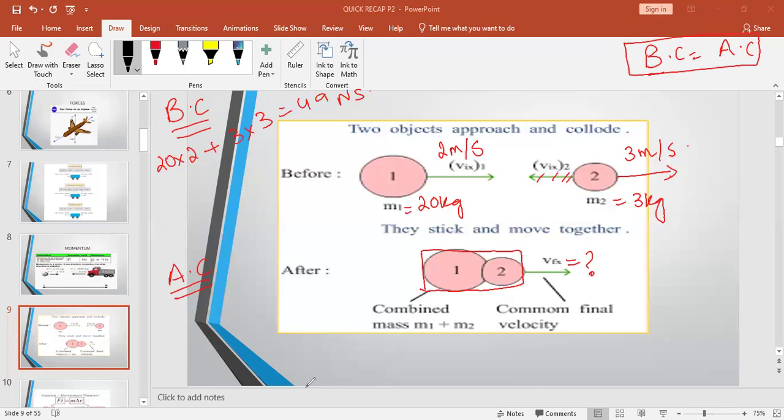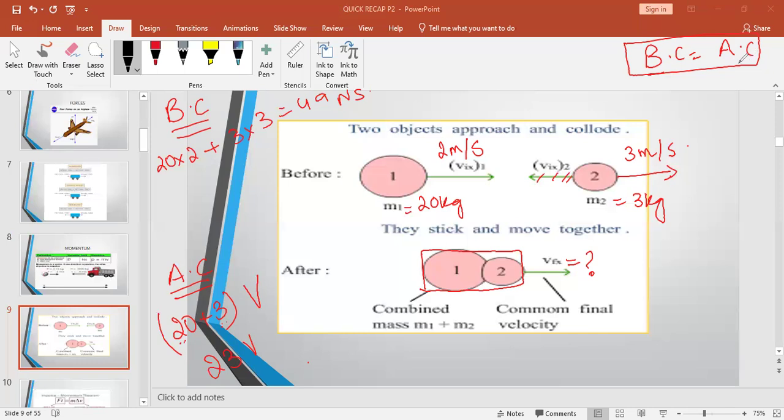You will combine the masses, that means 20 plus 3, and because they are moving with the same velocity, that velocity we need to find out, which is unknown. Clear? So this becomes 23v.